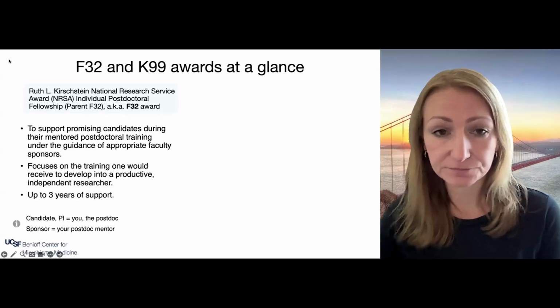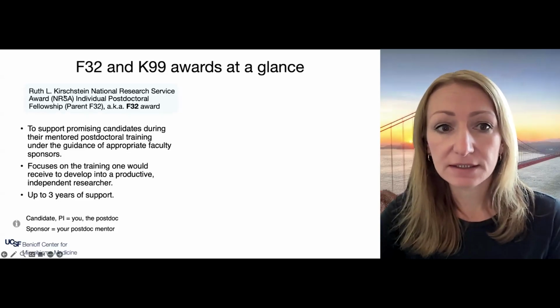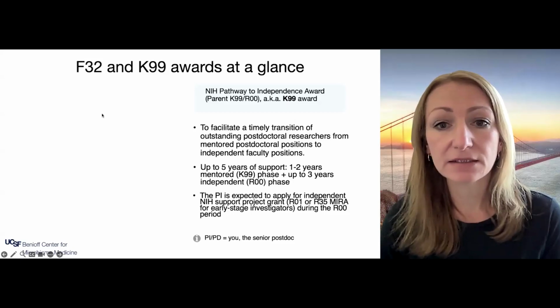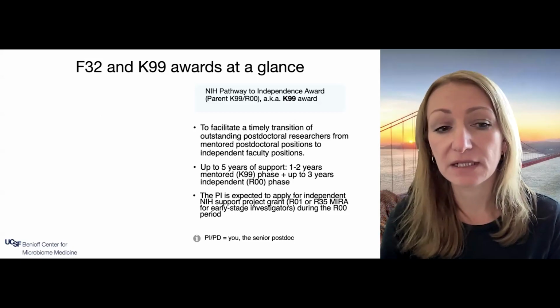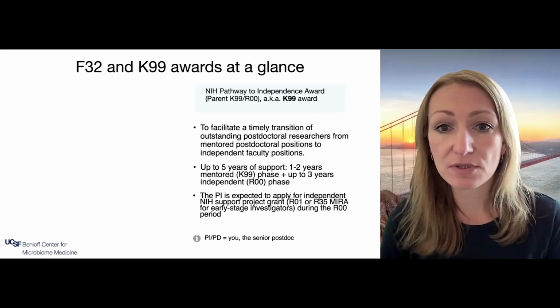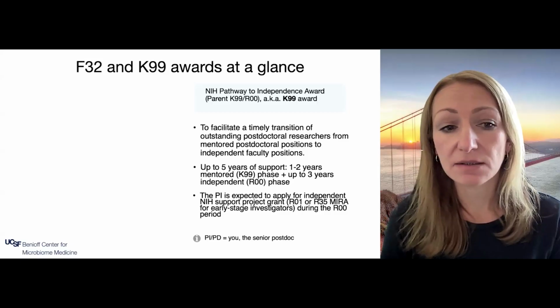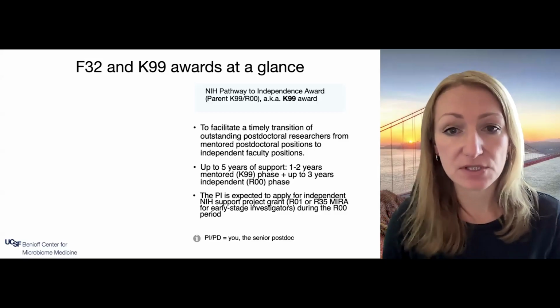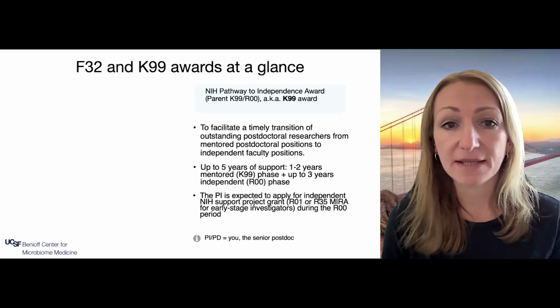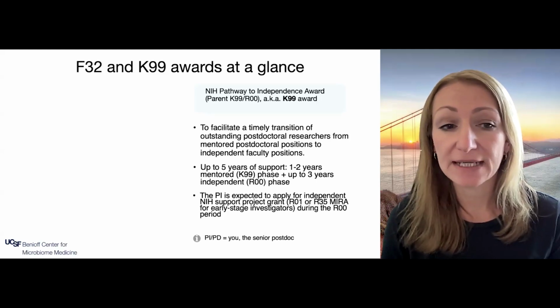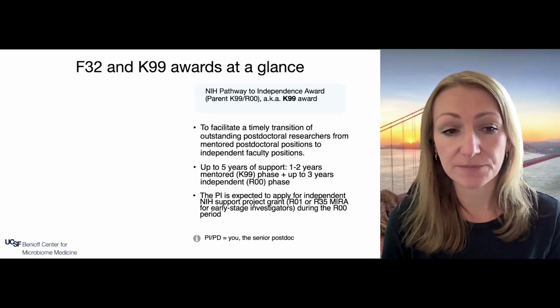of stipend. The K99 mechanism, on the other hand, is tailored towards more seasoned postdocs, and it is made to facilitate a timely transition of outstanding postdoctoral researchers from a mentored postdoctoral position to an independent faculty position.